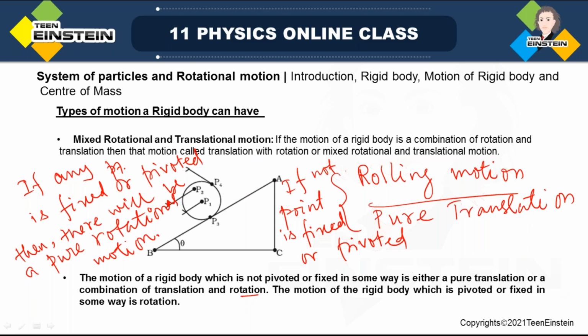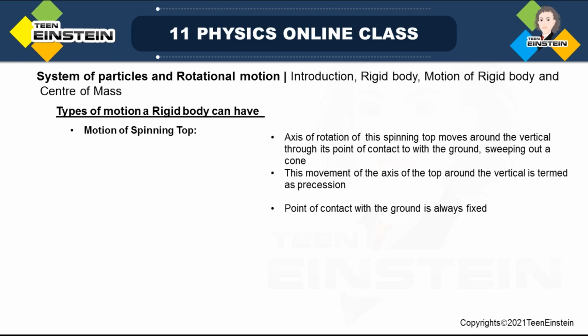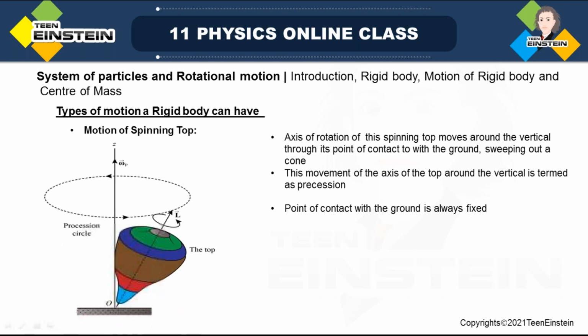So we'll take up another interesting motion which is called precession, that is the motion of a symmetric top. You might have seen this toy. This is actually a very favorite toy for any child. You might also have played with this. This is a top, a spinning top. The motion of a spinning top is very, very complicated. You know why? The top is rotating by itself.